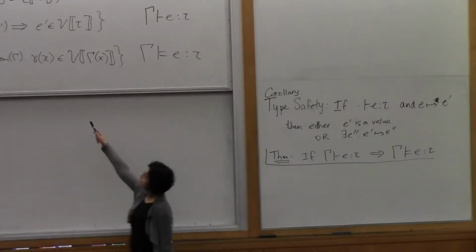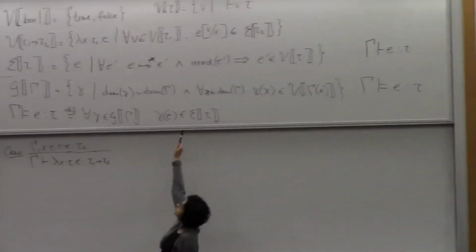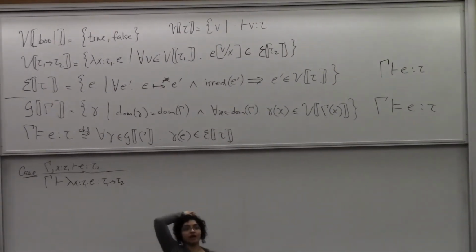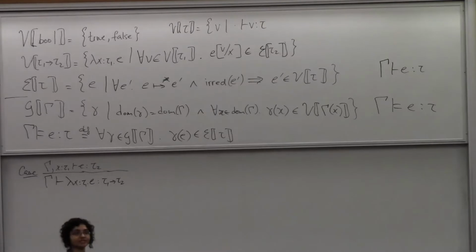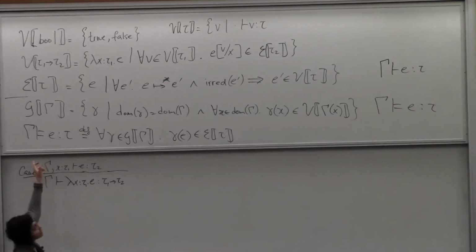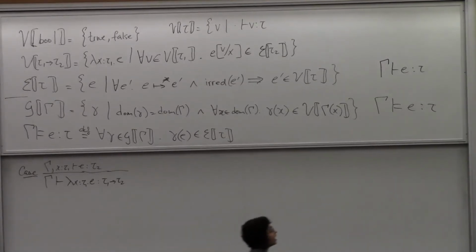What we've done over here is we've built a logical relation. We first explained when closed values and closed expressions belonged to the value and expression interpretations, and then we explained when open terms were in the logical relation. That's what that notation is, if you read it in its most general form.